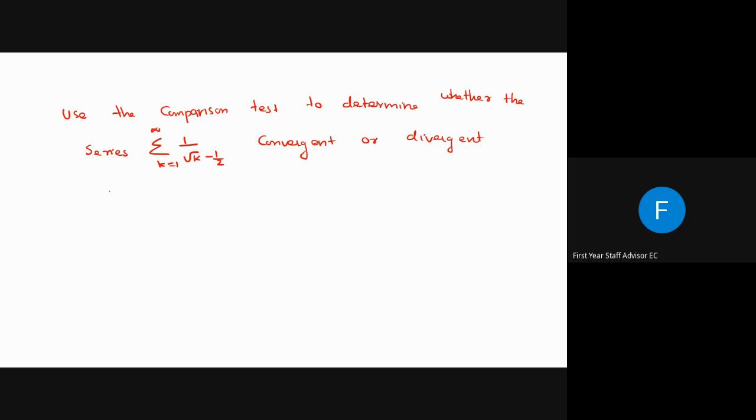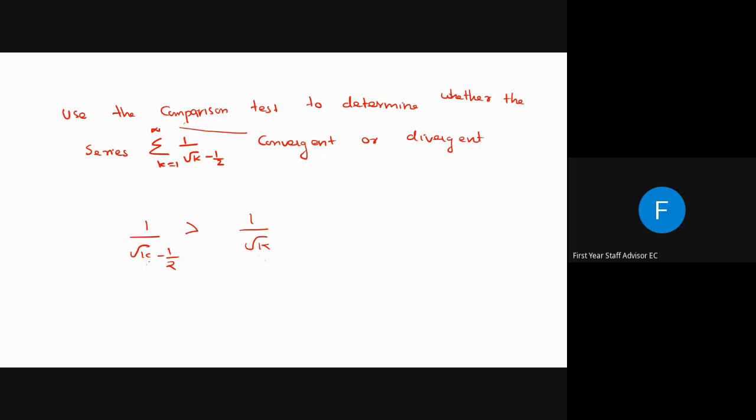Using the comparison test, we want to make a bigger series and a smaller series. Here the denominator is root k minus 1 by 2. Take 1 by root k, which is bigger, because root k minus 1 by 2 is less than root k.